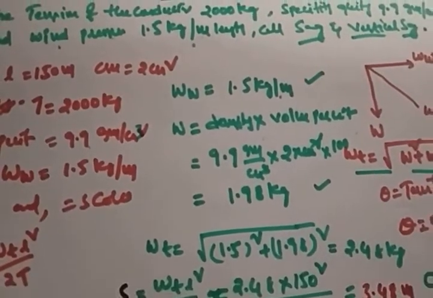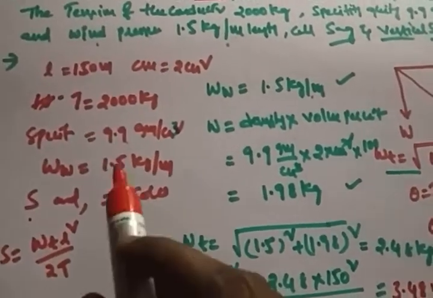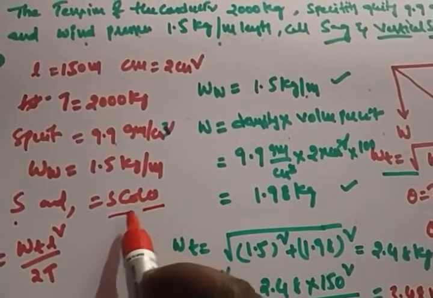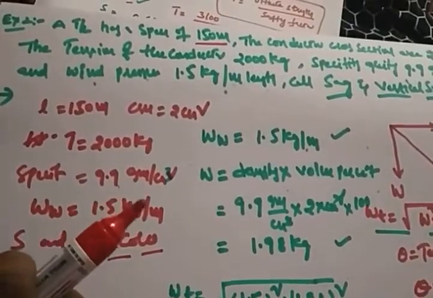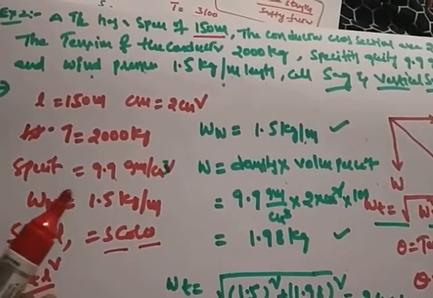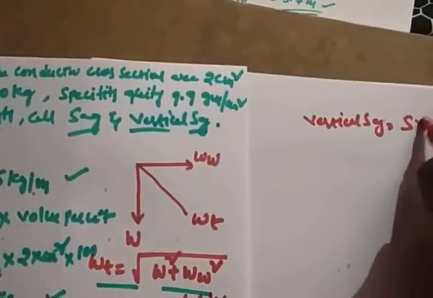So you calculated the sag value. After that, what they are asking is the vertical sag. So what is the formula for vertical sag? Vertical sag is equal to S into cos theta.